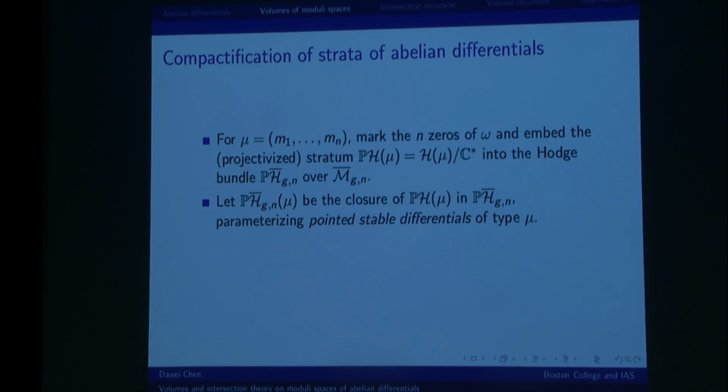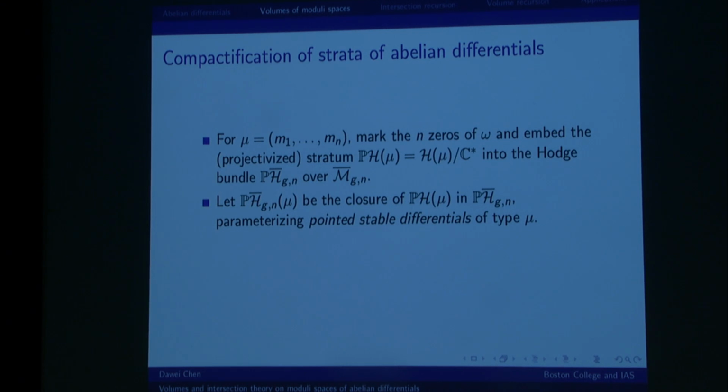You may have a form that is identically zero on some component when your Riemann surface becomes reducible. But there, it may carry some special zero, and you may ask, where are the positions of the zeros? Because your form is identically zero on some component of your reducible Riemann surface, everything is zero on that component, so where are the limit zeros? So we need some understanding of the boundary.